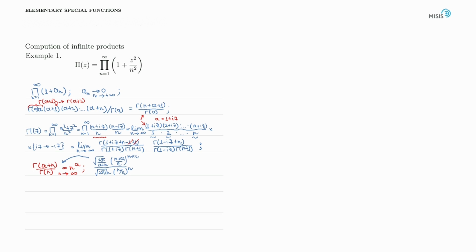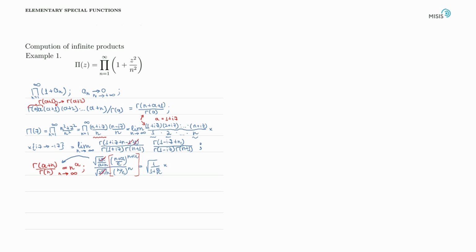Well, first of all, let's simplify these square roots. Obviously the 2 pi in the numerator and the 2 pi in the denominator cancel each other, and we can factor out n, so it's going to be the square root of 1 over 1 plus a over n, times, and then we need to simplify these power expressions.